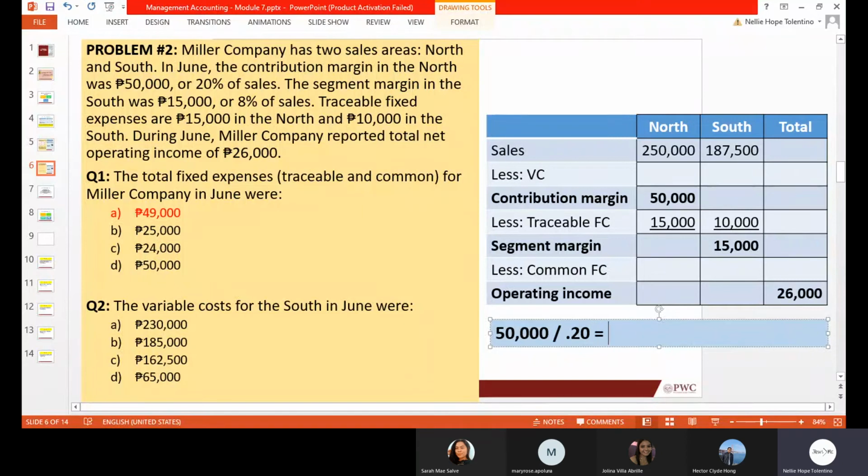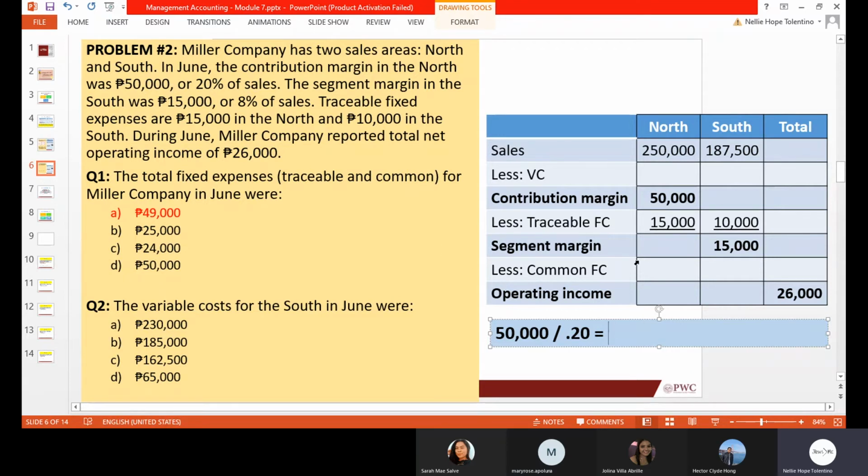So, you have 250. Take note ha, yung sa mga hindi nakakuha. Para makuha yung sales ni North, dahil may binigay dito na yung 50,000 na contribution margin is actually 20% of sales. So, yung formula natin kanina, parang binaliktad lang. Imbes na yung dalawang amounts yung i-divide mo, dito, i-divide mo yung given, yung 50,000 sa 20%.